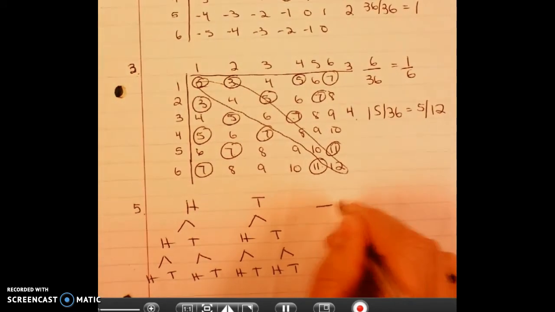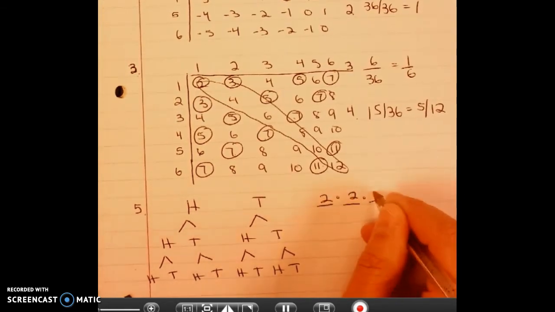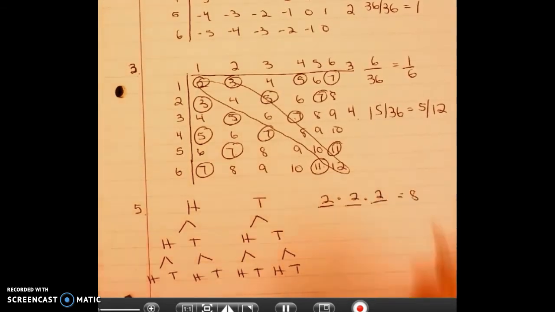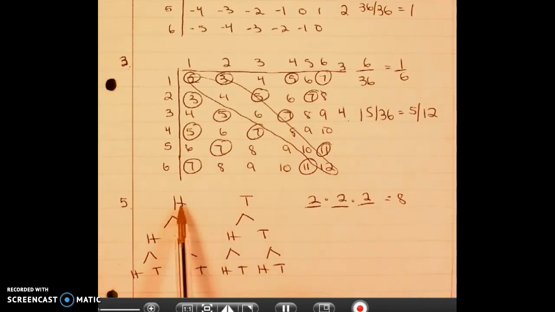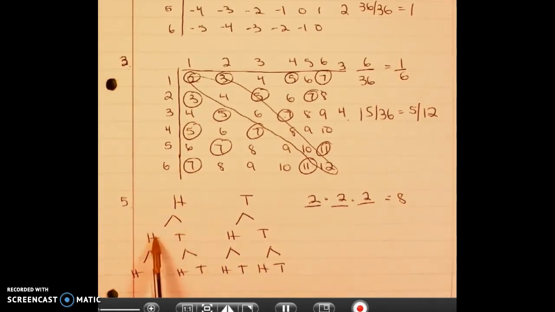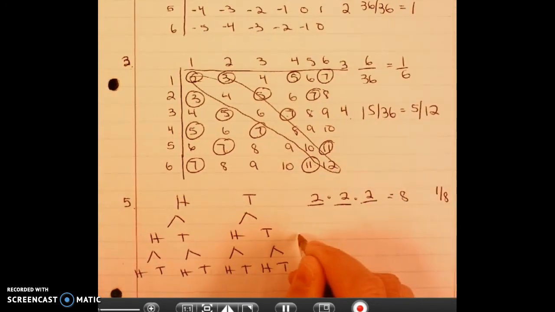So notice you've got 3 coins. I have 2 outcomes on the first, 2 on the second, and 2 on the third, so I have a total of 8 outcomes. Question number 5 wants to know when am I going to get all heads? Well, that's this case right here. Head, head, and head. So that would be a 1 out of 8.